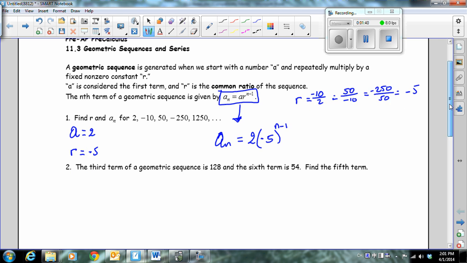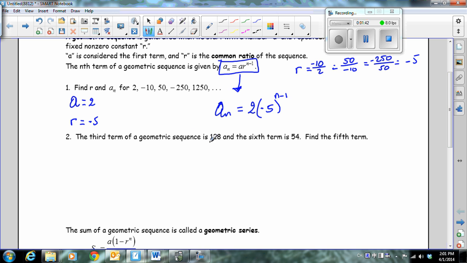Let's look at 2. The third term of the geometric sequence is 128, and the sixth term is 54. Find the fifth term. Well, I have s of 3 is equal to 128, and s of 6 is equal to 54.